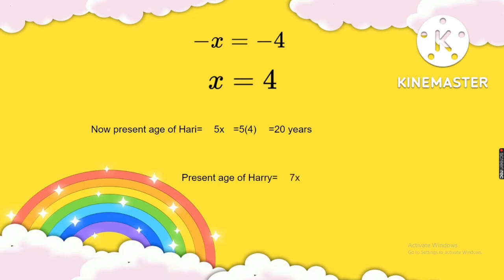So it is equal to 7 multiplied by 4, that is 28 years. So we have found the ages of Hari and Harry, that is 20 years and 28 years respectively, which was asked in our question. So this is the required answer.